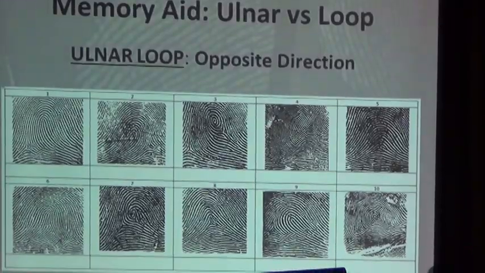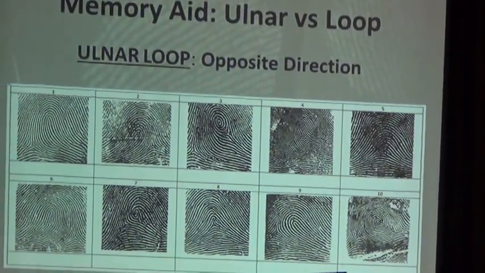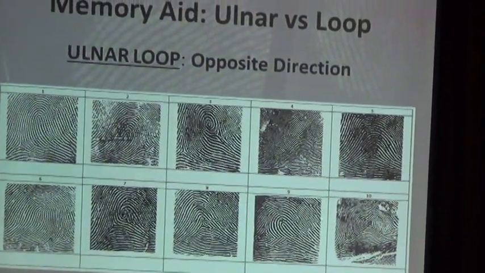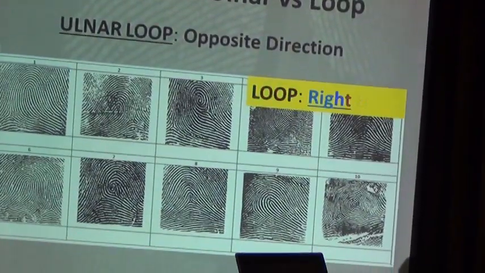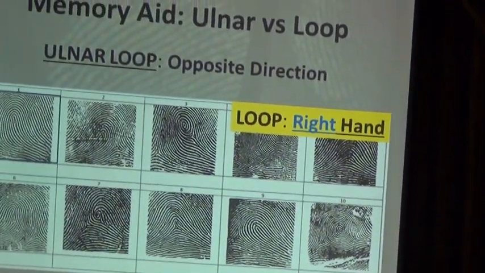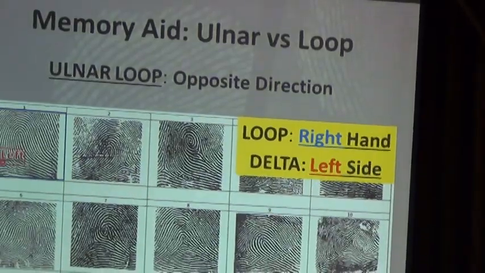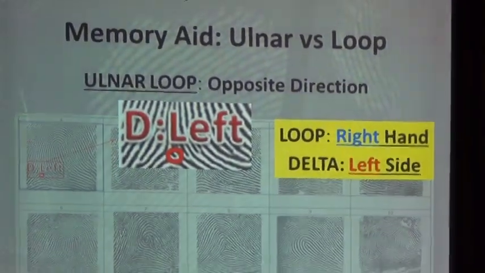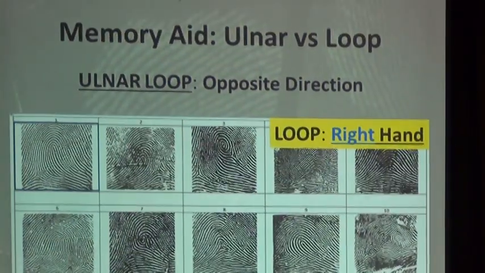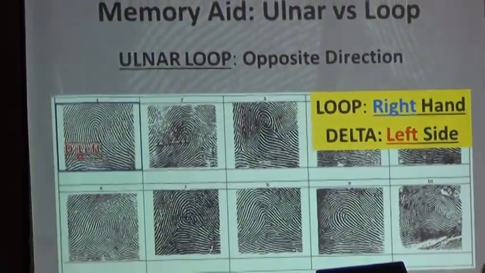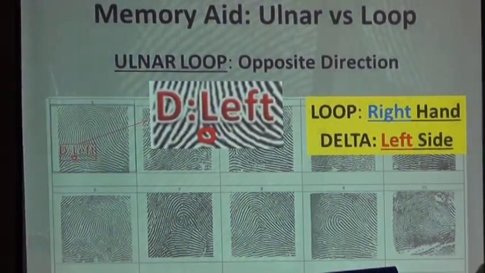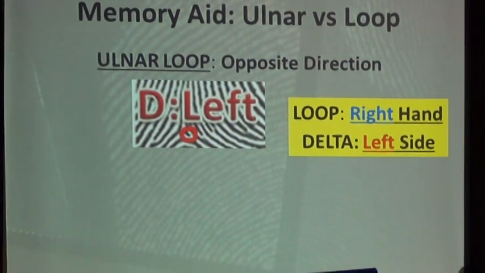We have to remember the concept of ulnar loop, opposite direction. What is that opposite direction? We will be able to see that one. We have here a situation where the loop is found on the right hand. Take note where the delta is located. On the left side. That is why I said opposite direction.